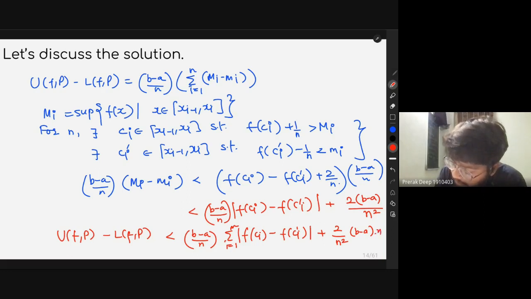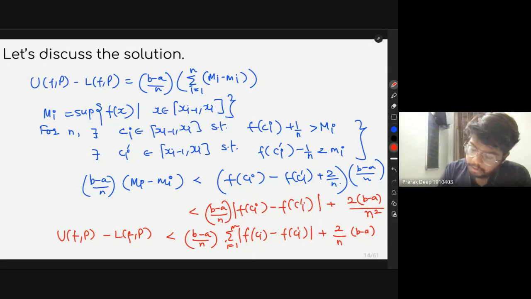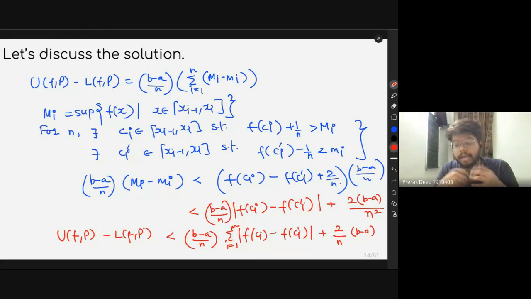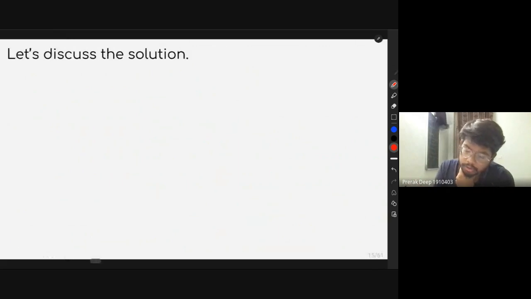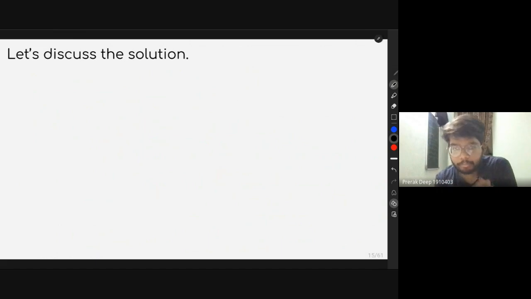So n will come and it will subtract this n, so you get 2n by n type thing, correct? Now the idea is to apply the bounded variation, but you can't apply it here. You need to do one more step. You need to choose an appropriate partition in order to apply this. So how do I choose that partition? So what I have done, I had this partition earlier.